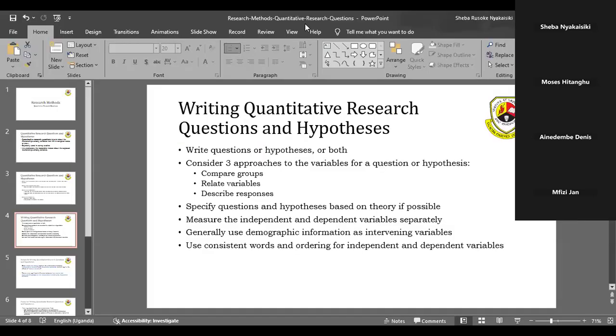Let me do a new share. Actually I want to show you a paper where hypotheses were developed using theory. It will come to my next point. Let's just open up a whiteboard.